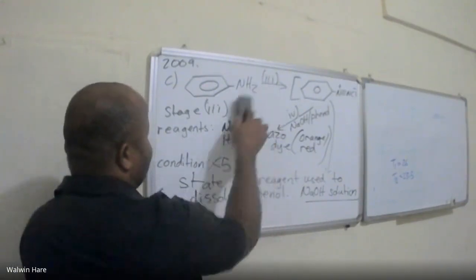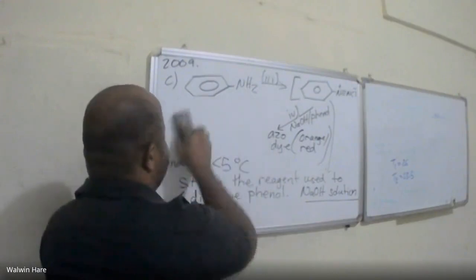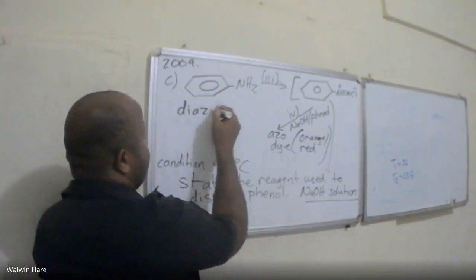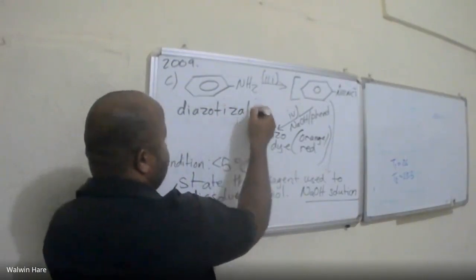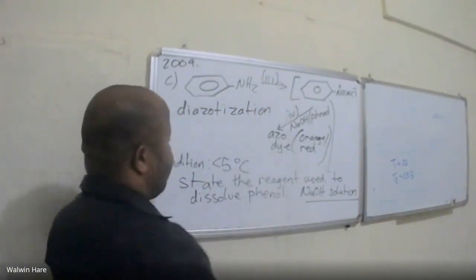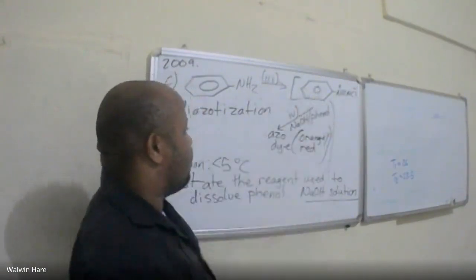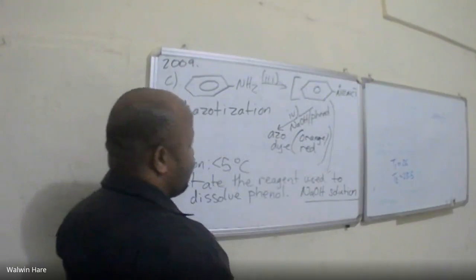So for step three, it's diazotization. So the process of forming a diazonium salt is diazotization.